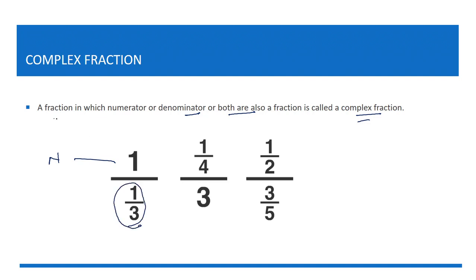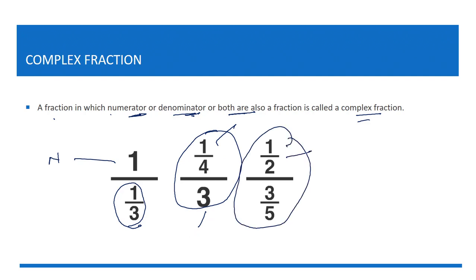In the second example, the numerator is a fraction and the denominator doesn't have a fraction, that is also called a complex fraction. In the third example, the numerator as well as the denominator both have fractions, so that is called a complex fraction, right?